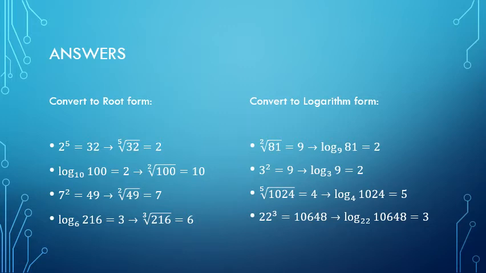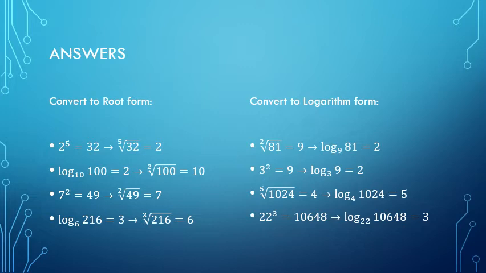Quite simple. The next exercise, logarithm in base 10 of 100 equals 2. Okay, remember, if in roots the result is the base, here we see the base, which is 10. That has to be in the result. The exponent is 2. Remember, the logarithms give the exponent in the result.